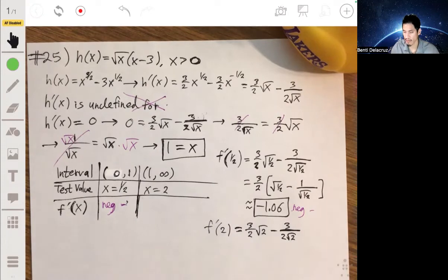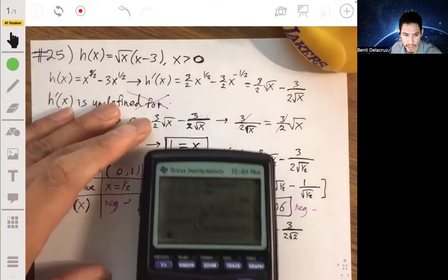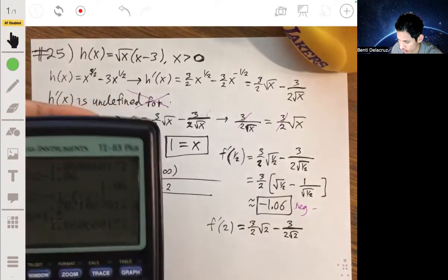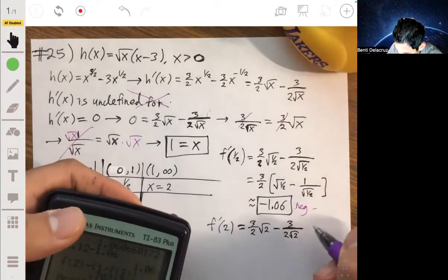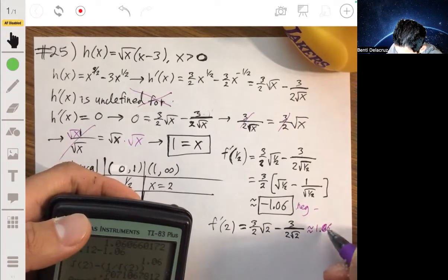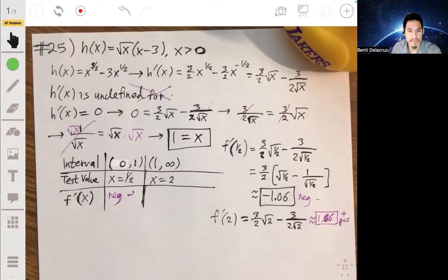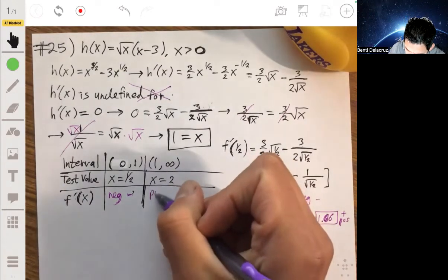I'm going to run it in my calculator right now. I'm going to get about positive 1.06. Positive. So then I'm going to put positive.